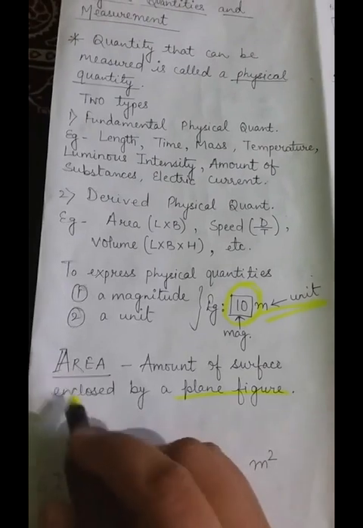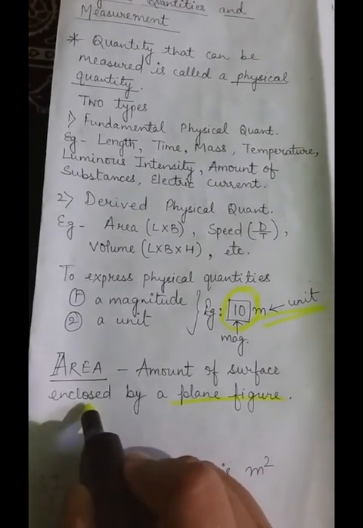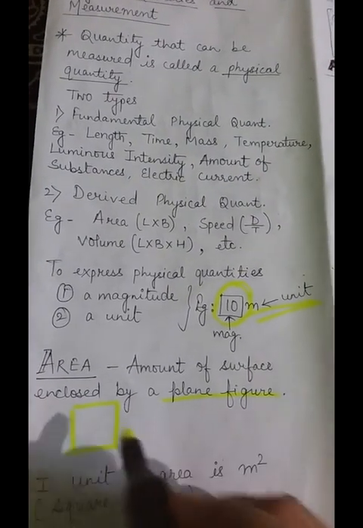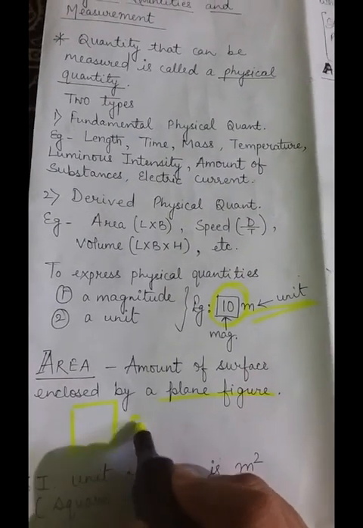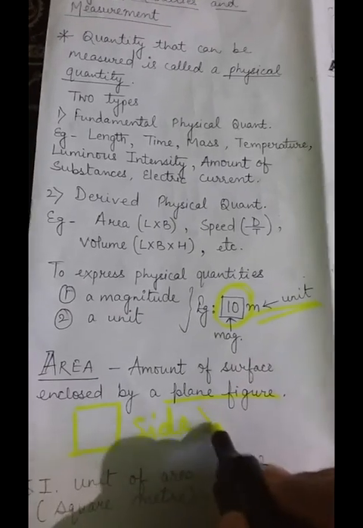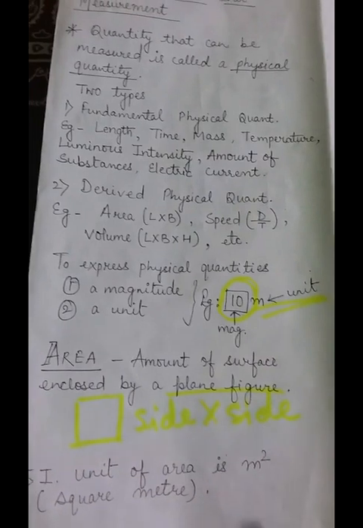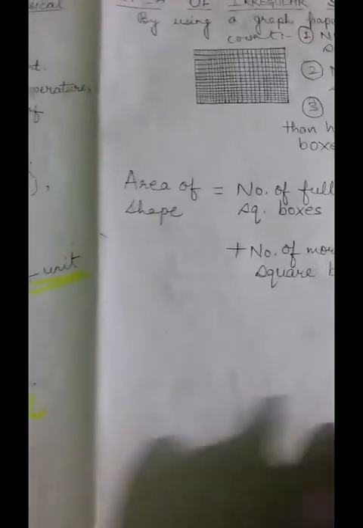For example, a square. It has all the sides equal. So the area of a square is side into side. And then next is your rectangle.